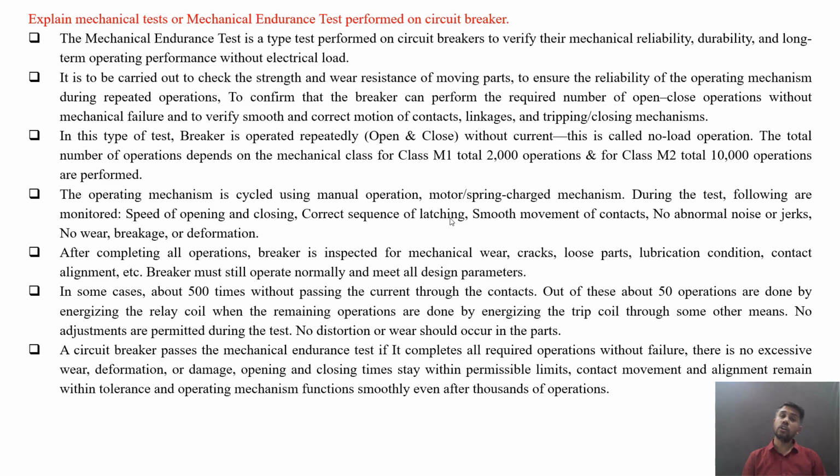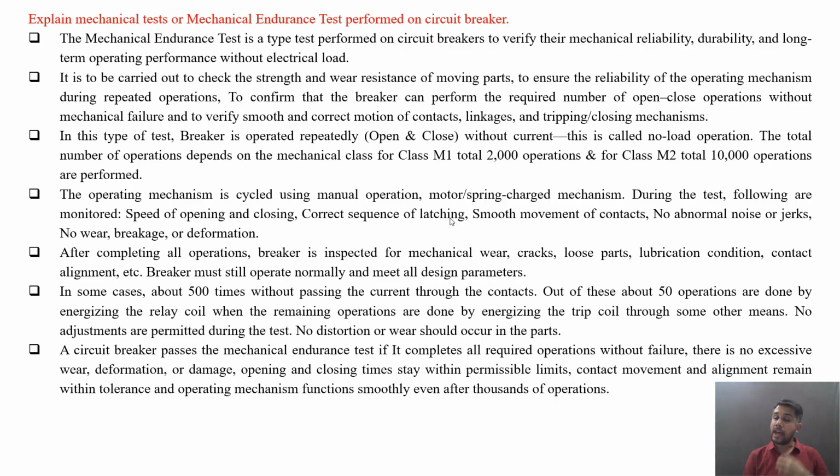After completing all operations, the breaker is inspected for mechanical wear, cracks, loose parts, lubrication condition, contact alignment, etc. The breaker must still operate normally and meet all the design parameters. In some cases, about 500 operations are done without passing current through the contacts.